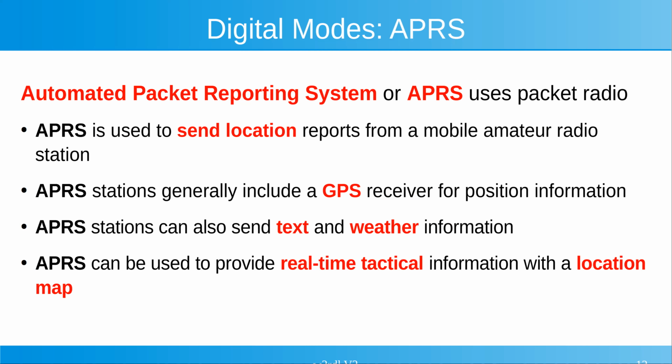And there are apps where you can display the location as a map. I forgot how fast it updates. Not very. Refresh rate. Yeah. But you can actually see movement of vehicles if they're doing APRS.